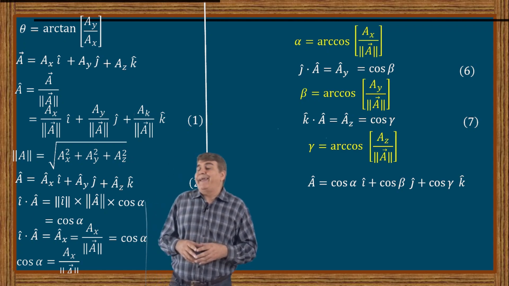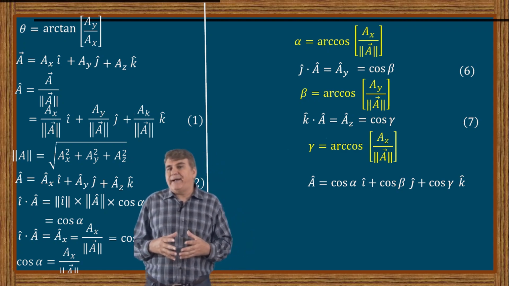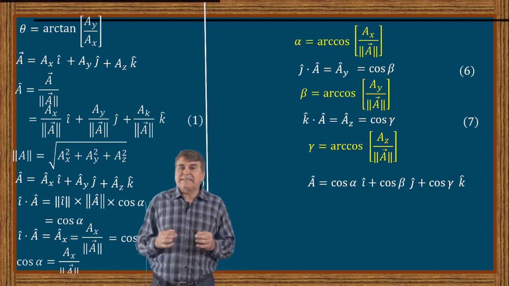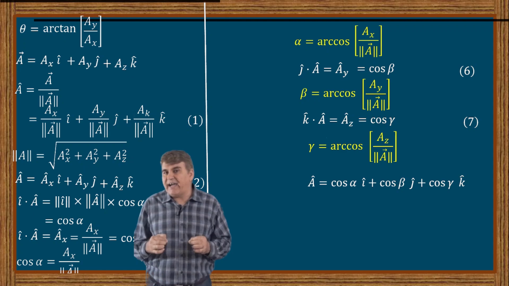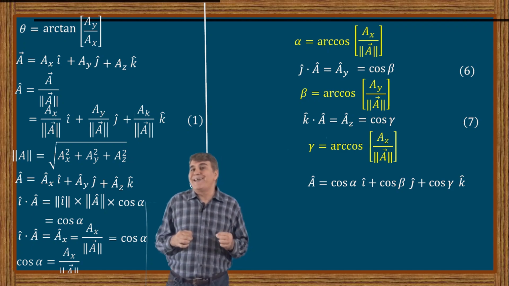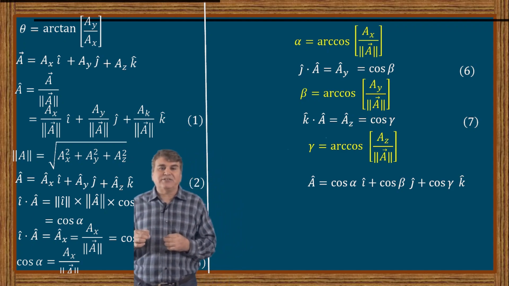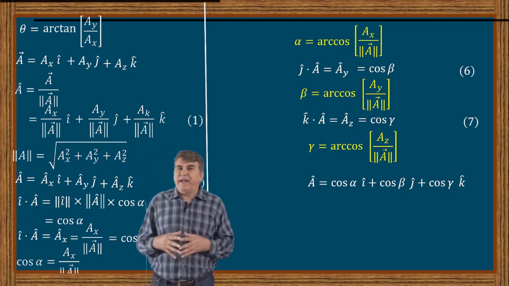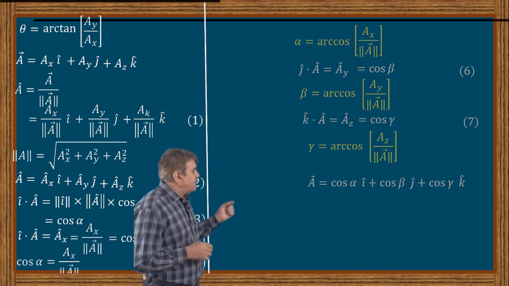The cosines of the angles alpha, beta, and gamma are called direction cosines. These angles completely specify the direction of the 3D vector in terms of the components and the norm of the given vector. If I draw the vector on a Cartesian coordinate, it will look like this.